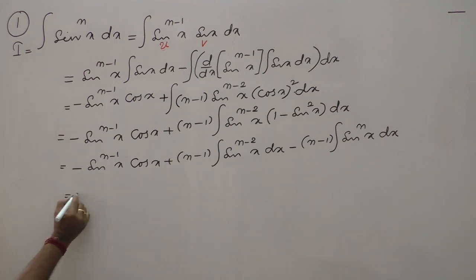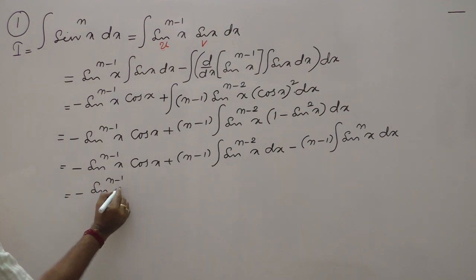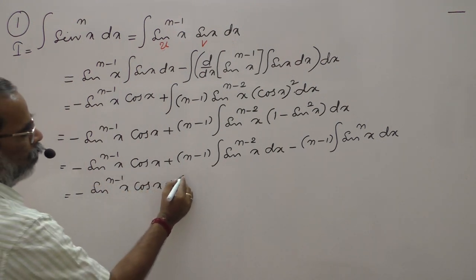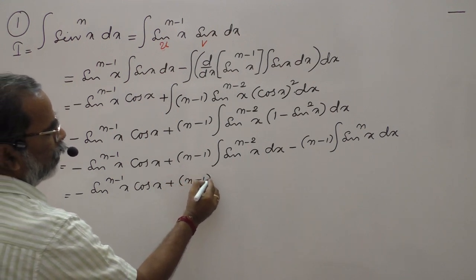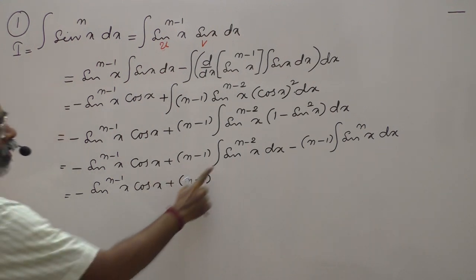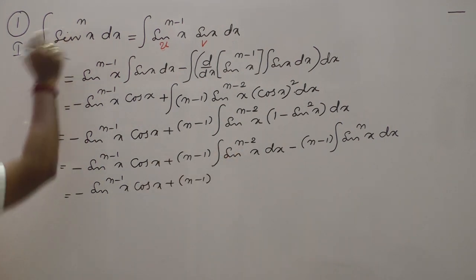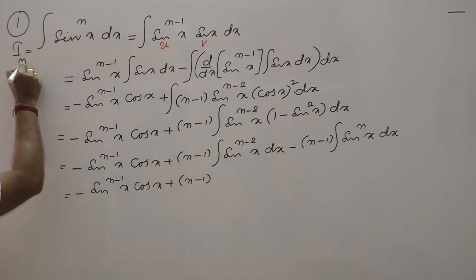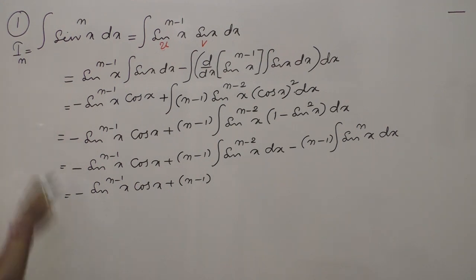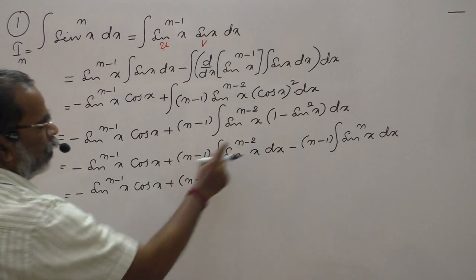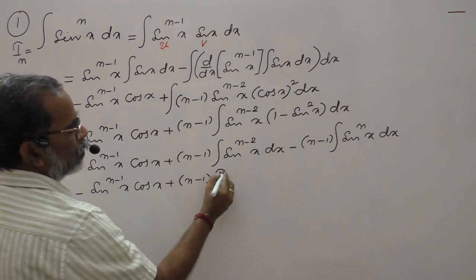So therefore I will write this as minus of sine power n minus 1 x into cos x. Carefully, this is n minus 1 into sine power n minus 2. When sine power n is there, we will denote this by I n. Okay, no problem, I n. Here the same function is there. What is the power? n minus 2.